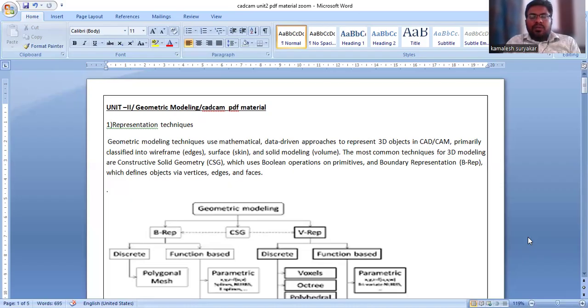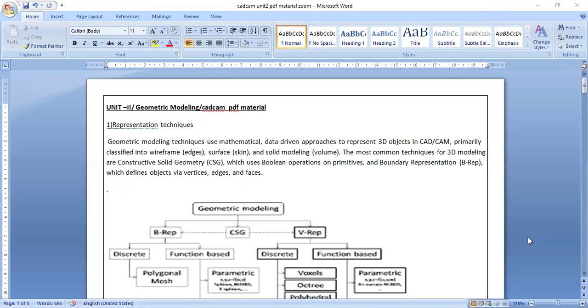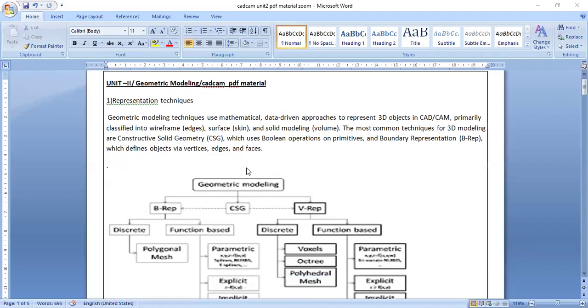So let us today take the first question. The first question says: explain about the representation techniques in CAD/CAM. So what are the representation techniques in CAD/CAM?